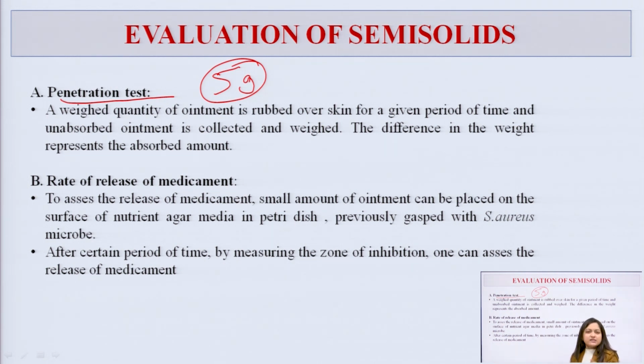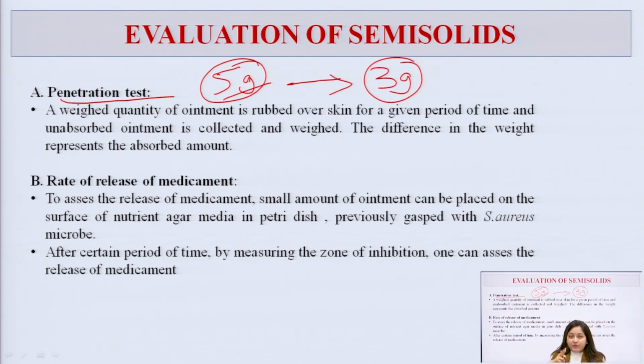For example, if initially the weight of ointment applied was 5 gram and after weighing it becomes 3 gram, can I say 2 gram of ointment has penetrated the skin onto which it is applied? So this test helps us understand how much ointment has actually penetrated the area onto which it is applied.